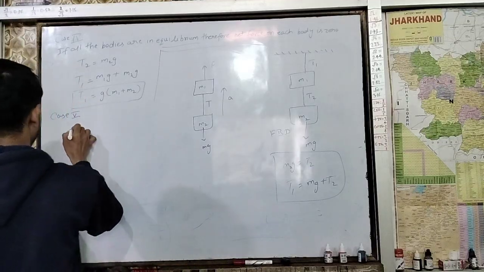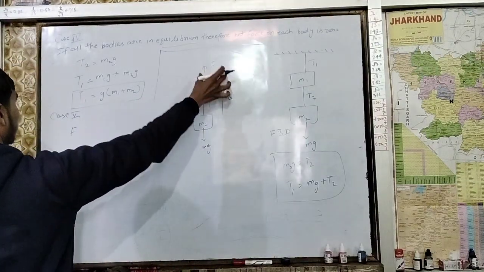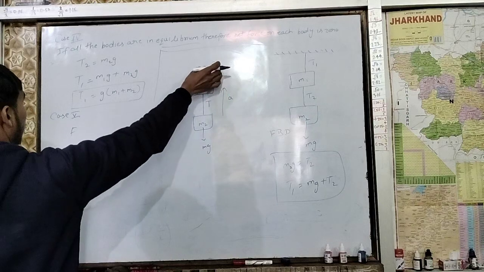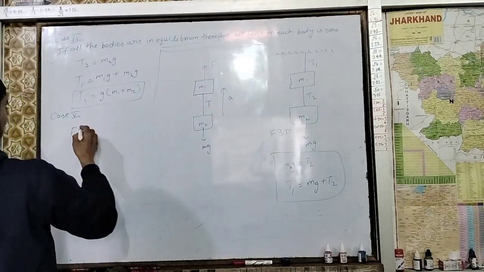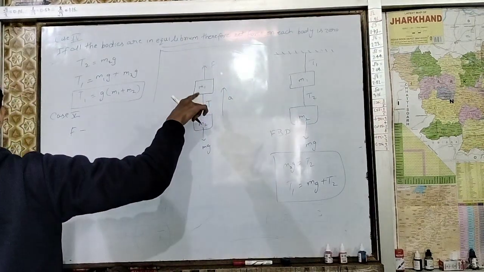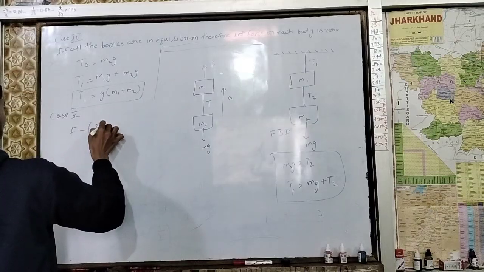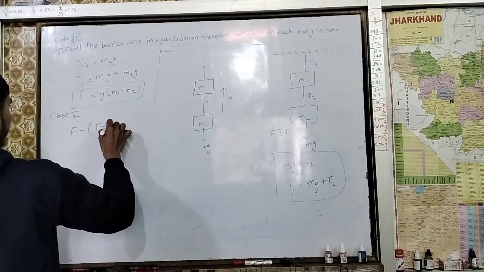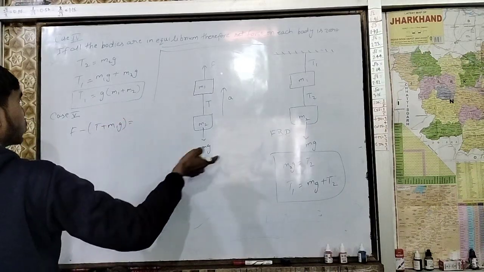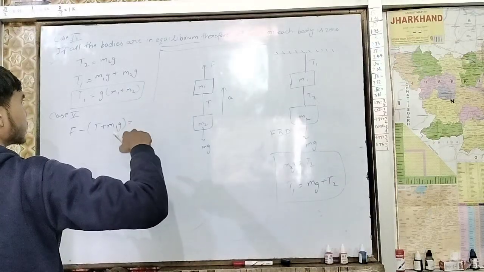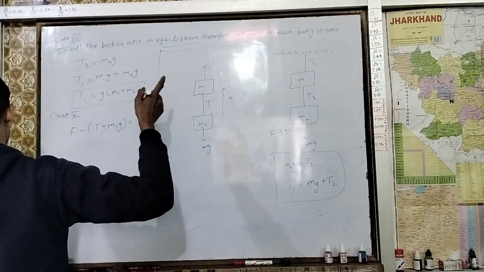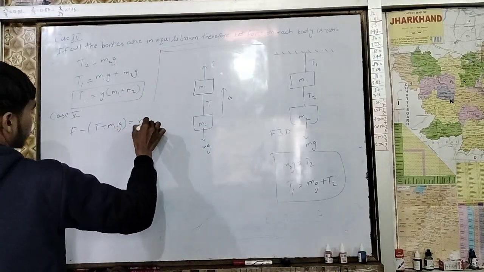F minus the upward force, downward force. So F minus T plus this M1g is equal to MA, means total mass into acceleration. So total mass M into A.